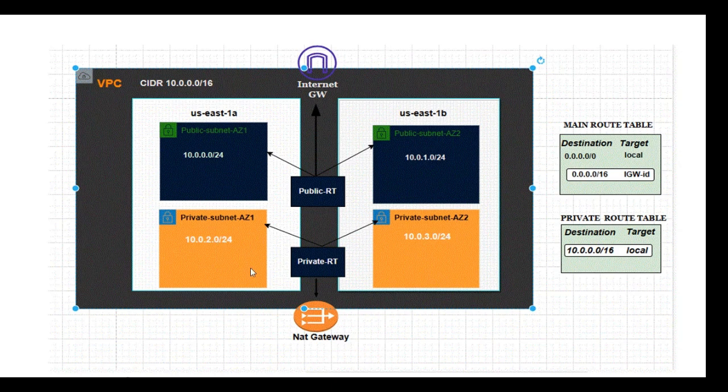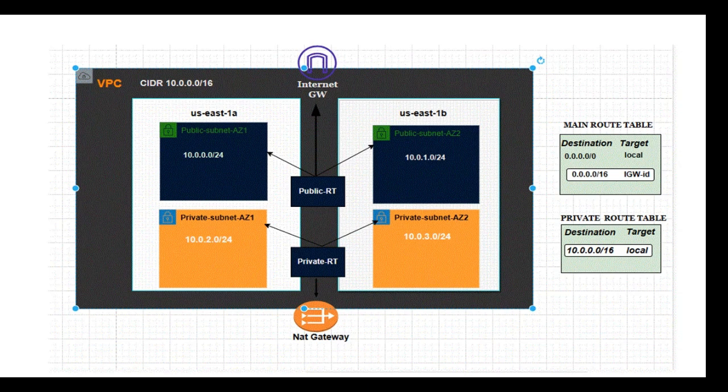For the private subnet we have here, we will be creating a private route table and then associate the subnet to it. We'll also associate a NAT gateway. We'll link it to this private route table. Okay, so the NAT gateway will allow your instances in private subnets to initiate outbound traffic to the internet while preventing inbound traffic initiated by the internet.